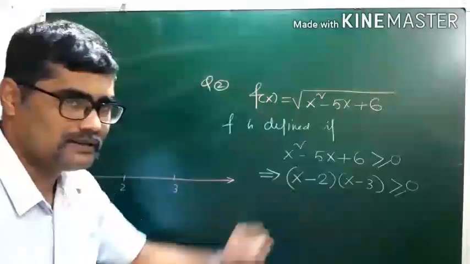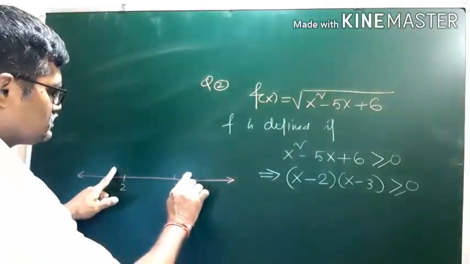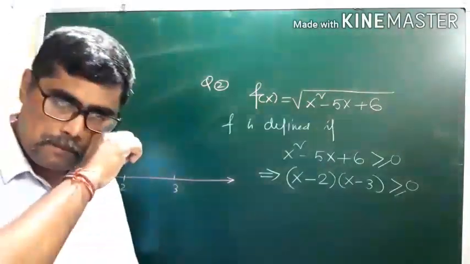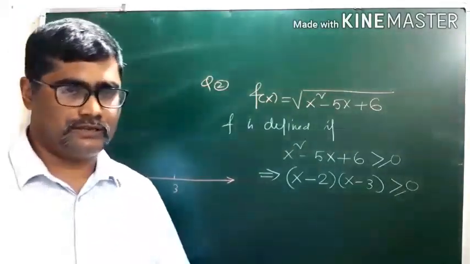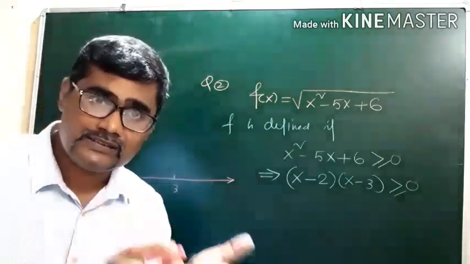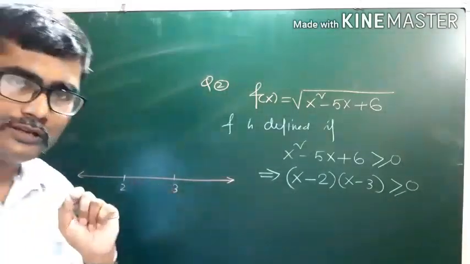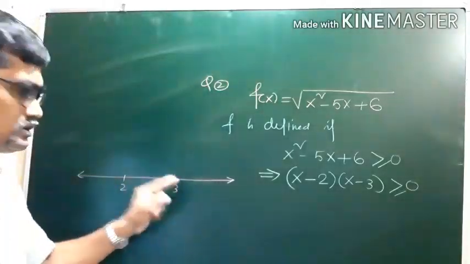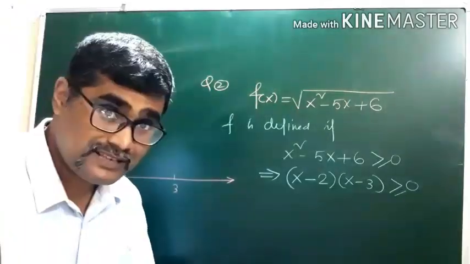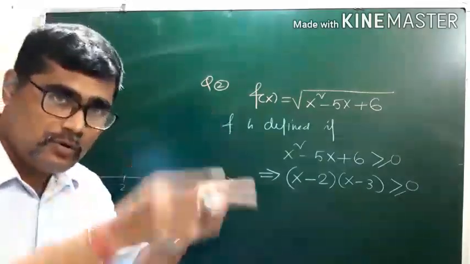Here it is greater than, so the area will start like this. That's the shortcut. Now come to the equality. Very simple. If equality is there, these 2 points will be included, that means a closed interval with reference to these 2 points. And if it is strictly greater than, equality is not there, so open interval.